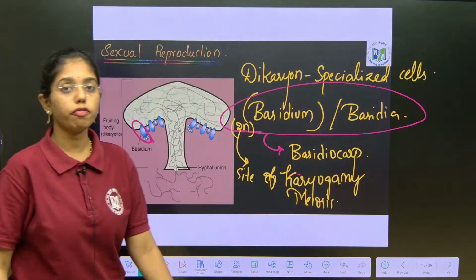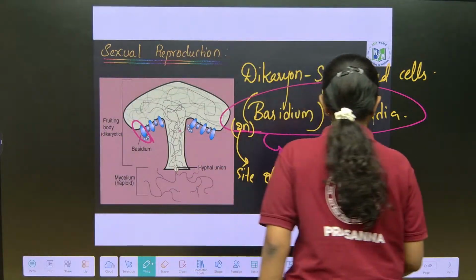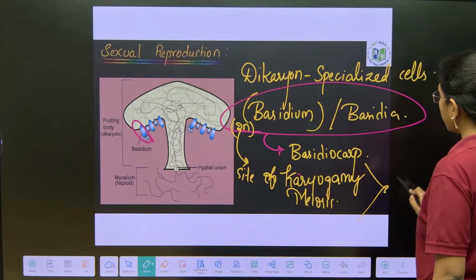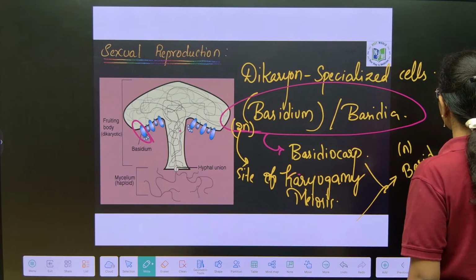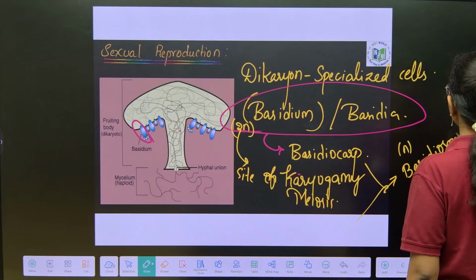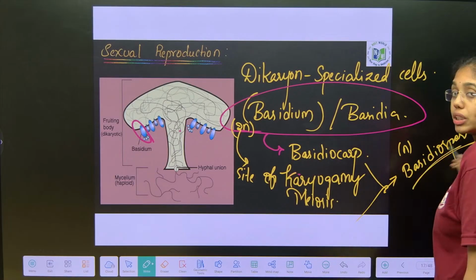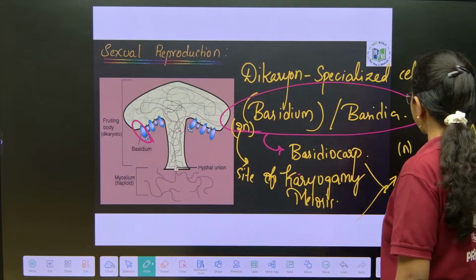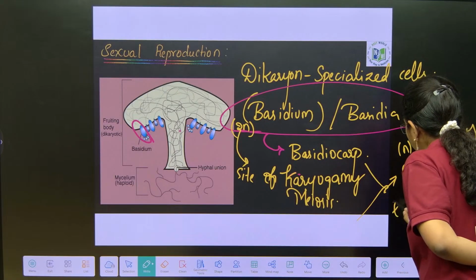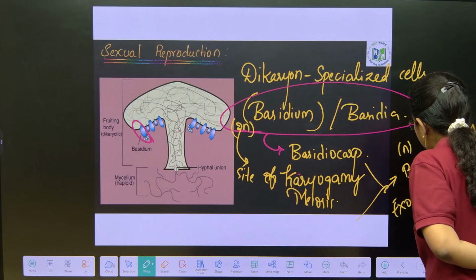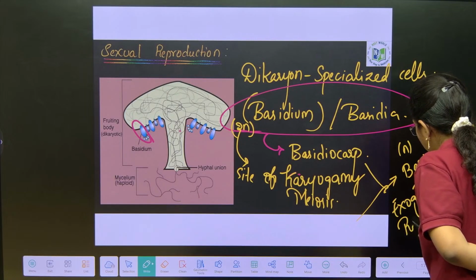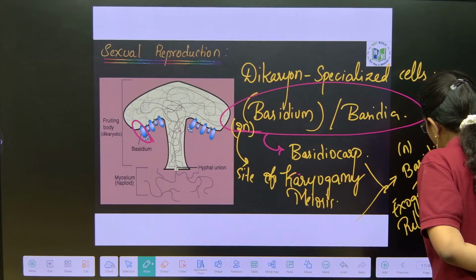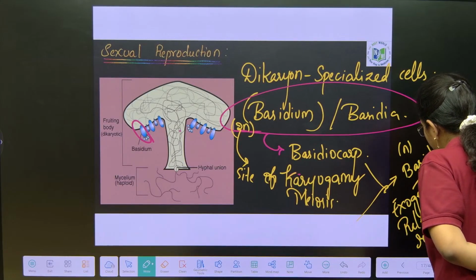And post this karyogamy and meiosis, haploid basidiospores are released. Basidiospores are the only exogenously released sexual spores.